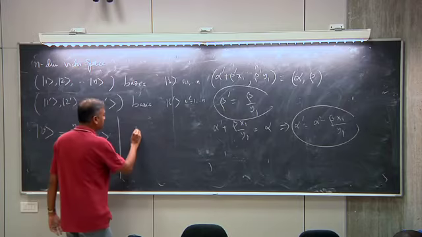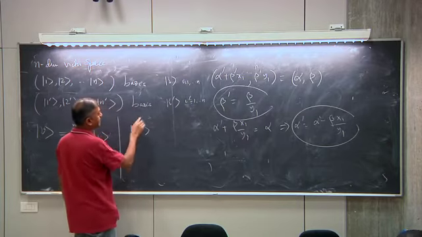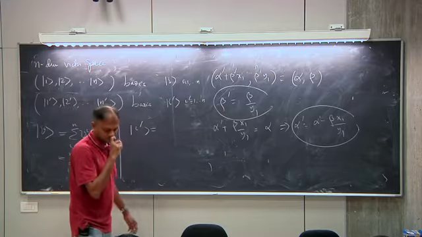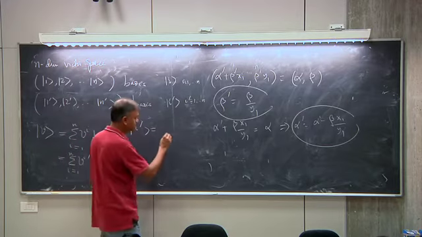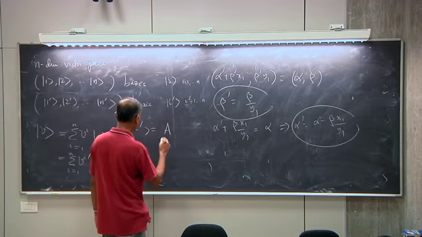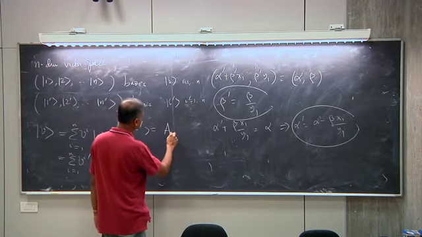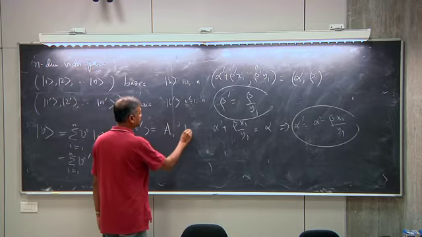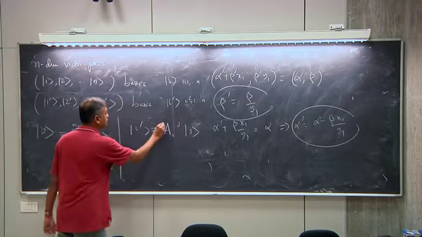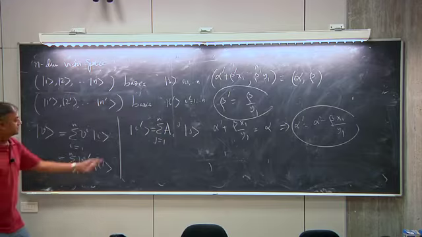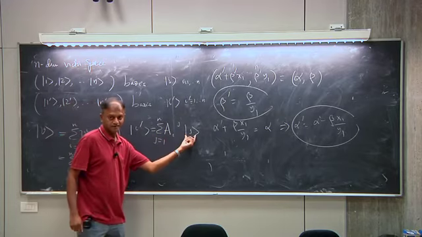So in general, e_i prime, where i goes from 1 to n, can be expanded, and let's say, I don't know if I'm using the same notation or not, I will write like this: a_ij e_j, summed over j. So this can be expanded as a linear combination of that, right?